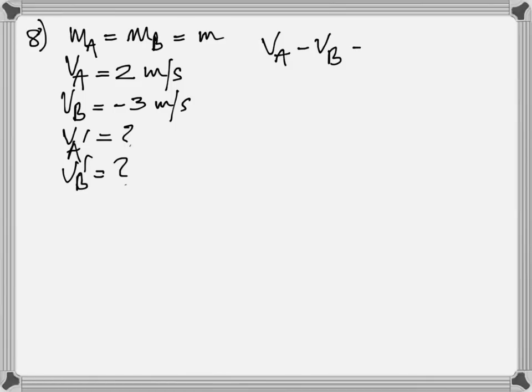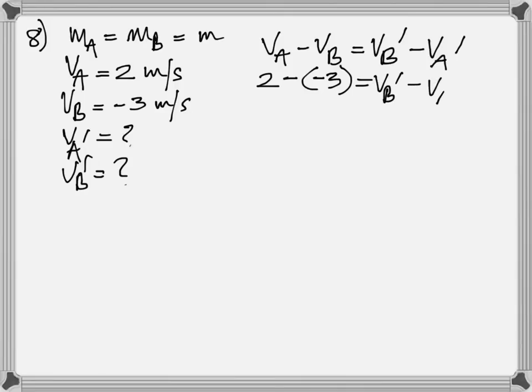Now, because it's a perfectly elastic collision, we can use this formula. VA minus VB is VB prime minus VA prime. And so the left-hand side becomes 2 minus negative 3, which is 5, is equal to VB prime minus VA prime. So that's equation number 1.